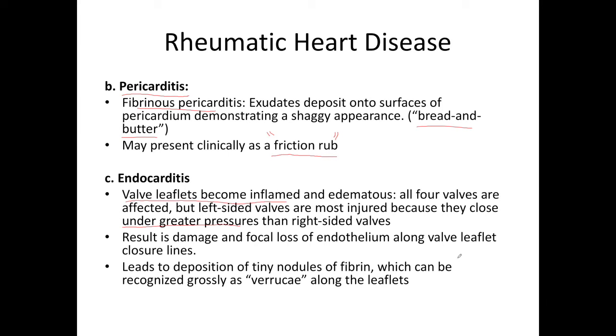As a result, this set of valves, and I'm trying to show you the mitral valve here. And again, remember they're going to open by swinging this way, and then they close by snapping shut.